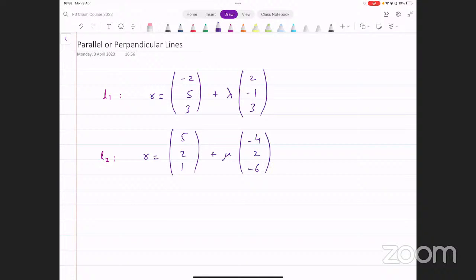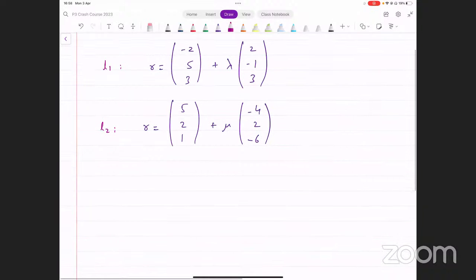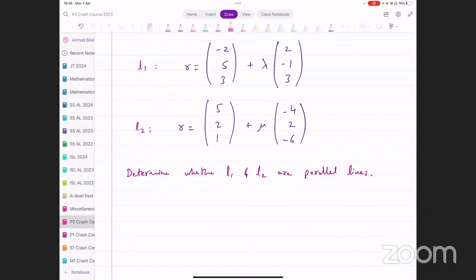What we want to do is determine whether L1 and L2 are parallel lines. This is what we want to determine. Now remember what we used to do earlier.